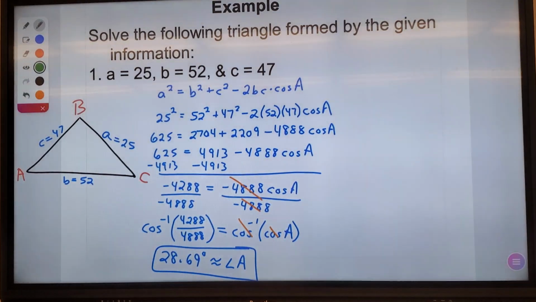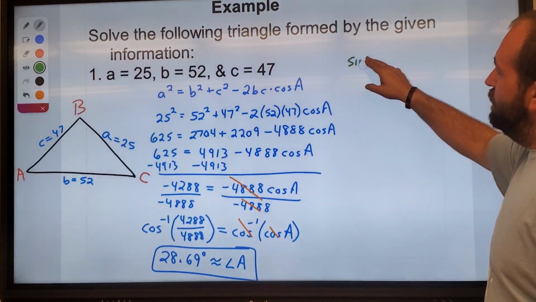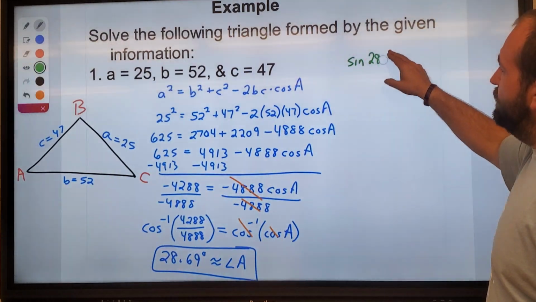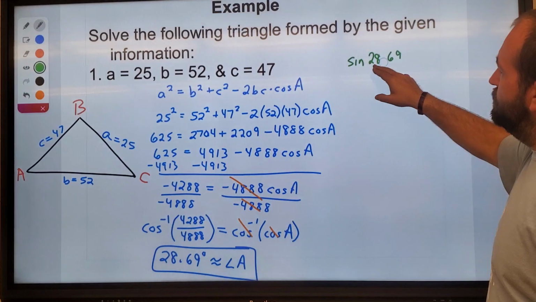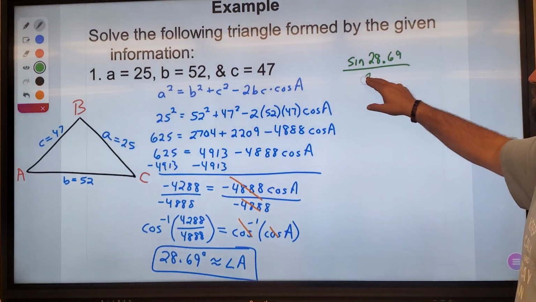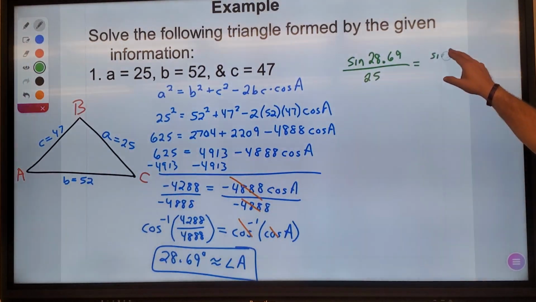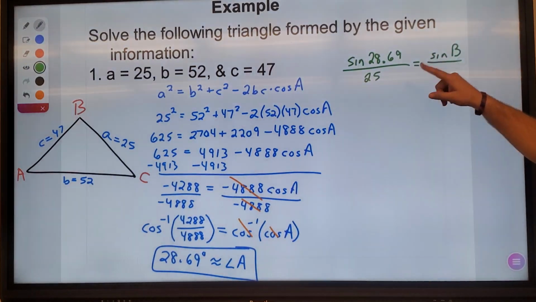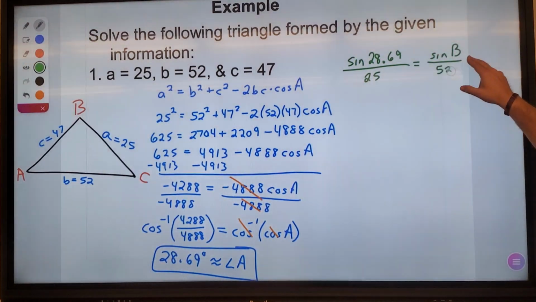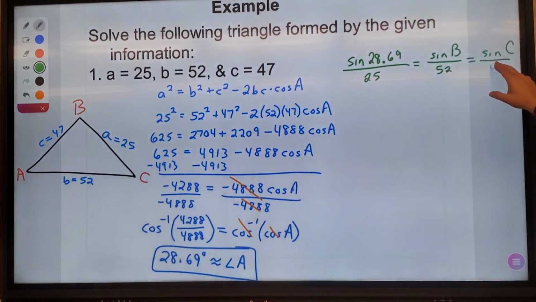From here then, as mentioned, you're going to go ahead and set up the law of sines. So I would have sine of that 28.69 over the 25 should equal sine of angle B over the 52, which is equal to sine of angle C over 47.